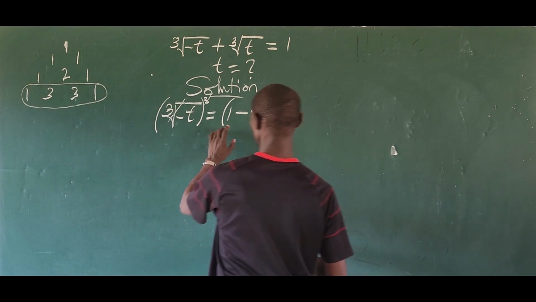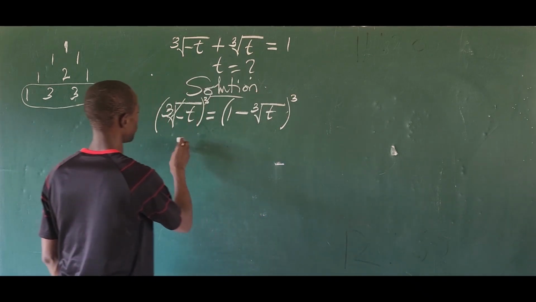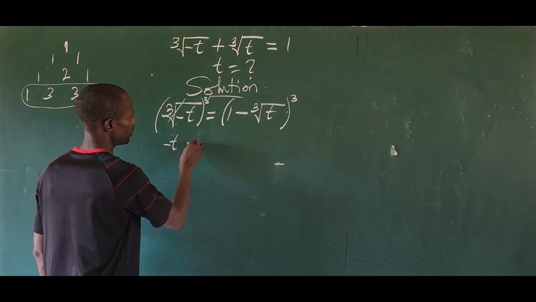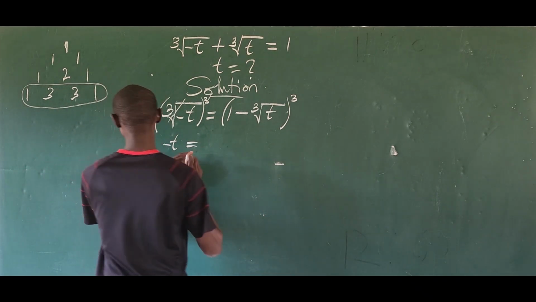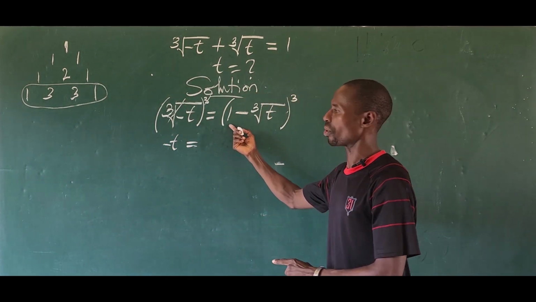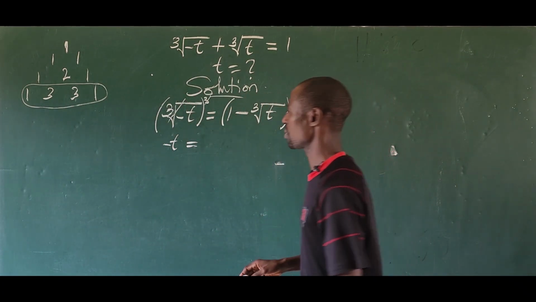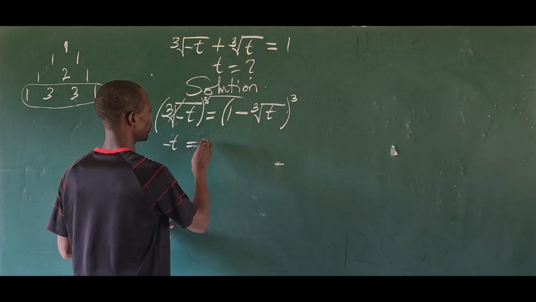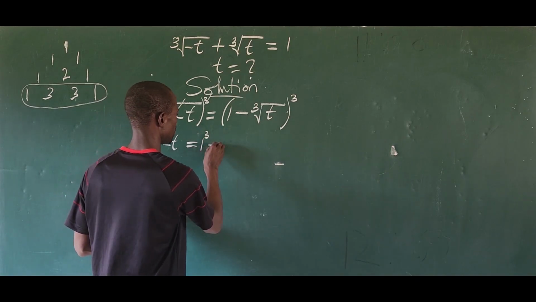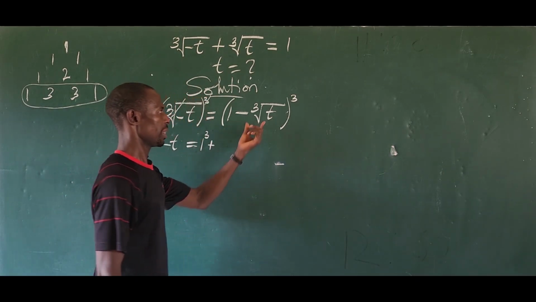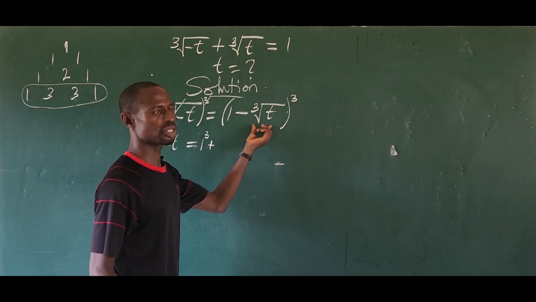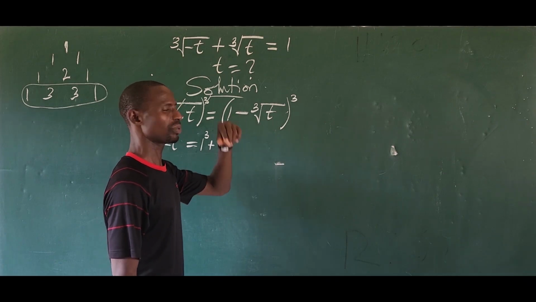All right, so expanding this side of this expression, we're going to have our minus t will now be equal to, the first quantity here is 1. So this is going to be raised to power 3. So we have 1 to the power of 3, then plus this second quantity, it will be raised to power 0. And so that will give us 1.